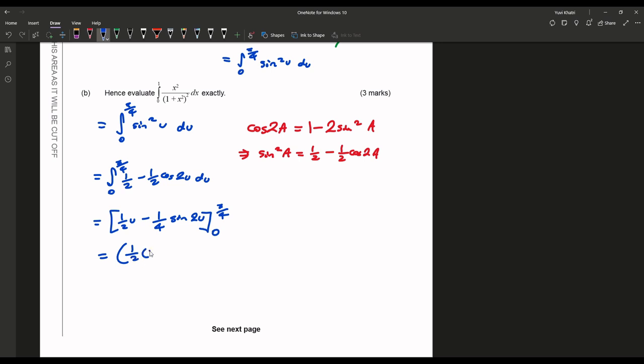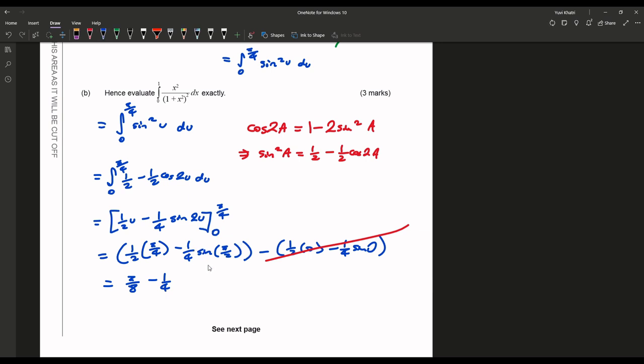So we've got half times pi on 4, take 1/4 sine of 2 times pi on 4, so that's pi over 2, take a half times 0, take 1/4 sine 2 times 0, which is still 0. All of this just becomes 0, so we can ignore it. And this will be pi over 8, take 1/4 times 1, since sine of pi on 2 is 1. So this will be our final answer.